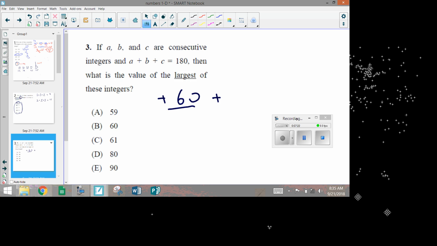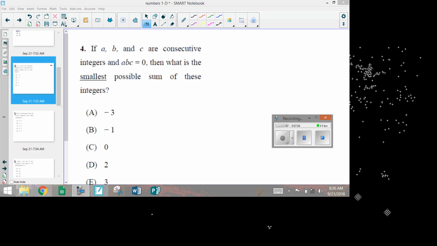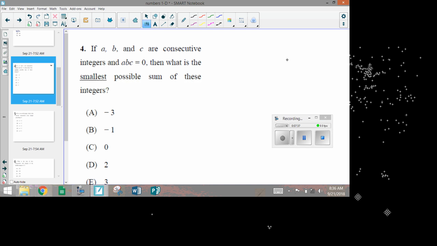So what is the next one going to be? 61, the largest. When you see an expression like A, B, and C, it's not a number. If you don't see anything in between, that means A times B times C. That means multiplication, all right? This is important to understand.